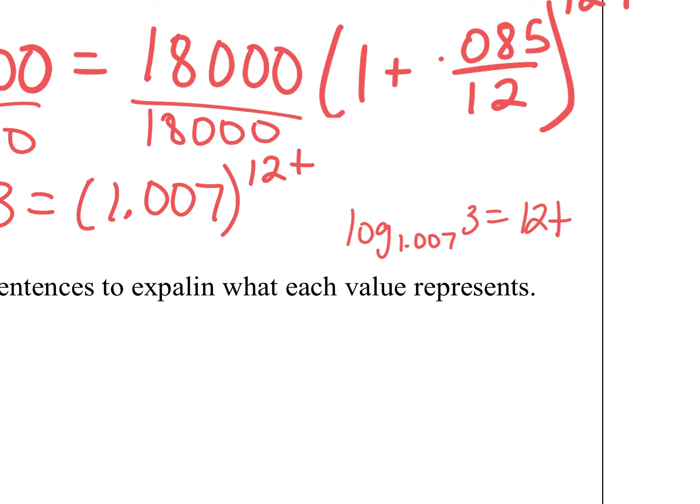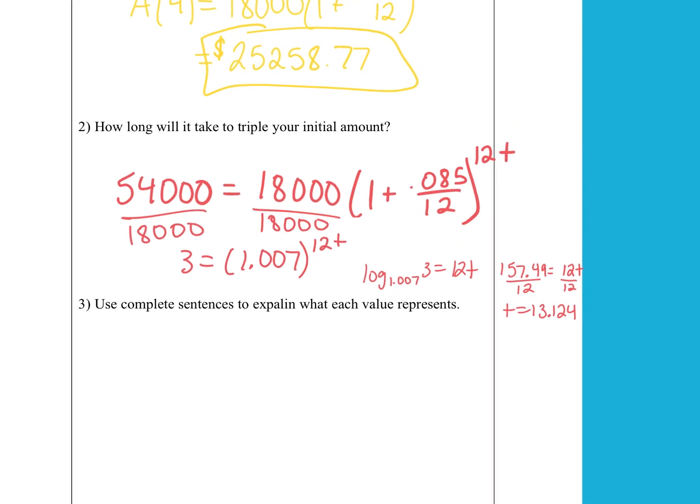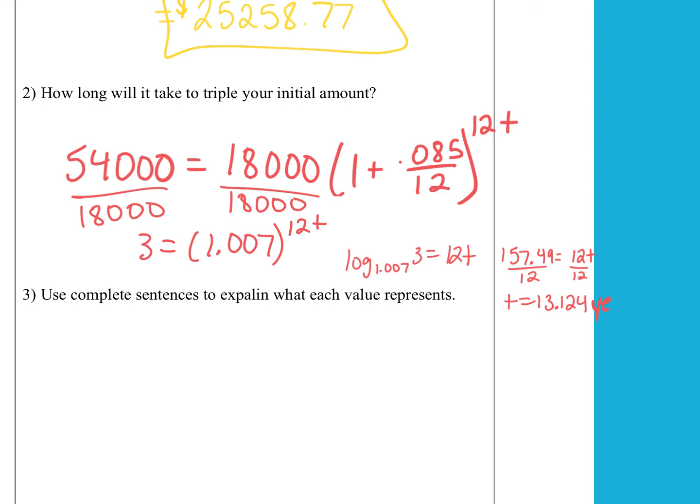Log 3 divided by log 1.007 and round it. You should get 157.49. Divided by 12. Tell me what you get. 13.124. And that is how, what is the label? If it's time, years.